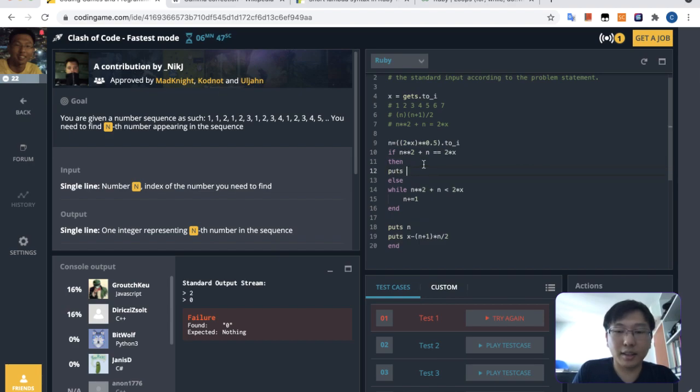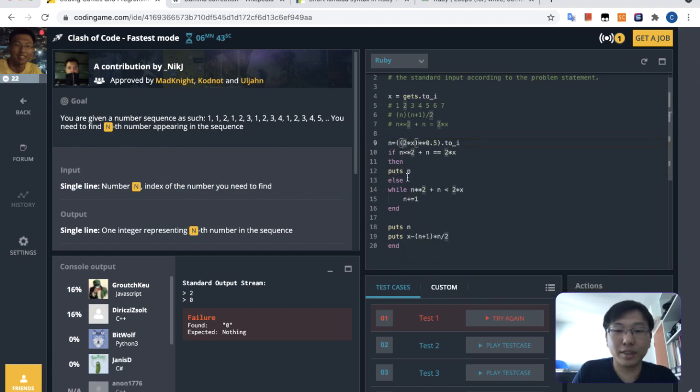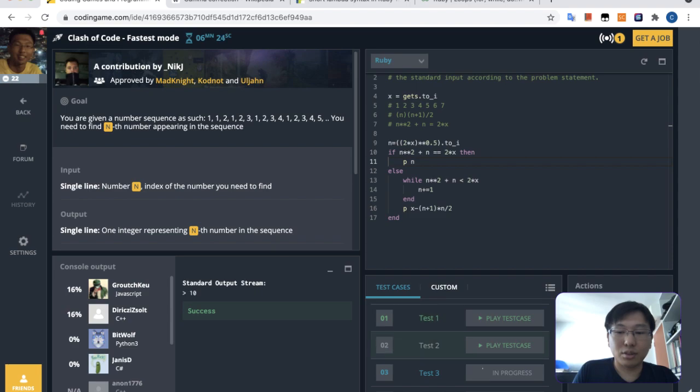This is very Python-like, I guess. I'll just print out this n. I don't really like the formatting, so let's make the formatting nicer, in a form that I think is nicer to look at. I think that should work.